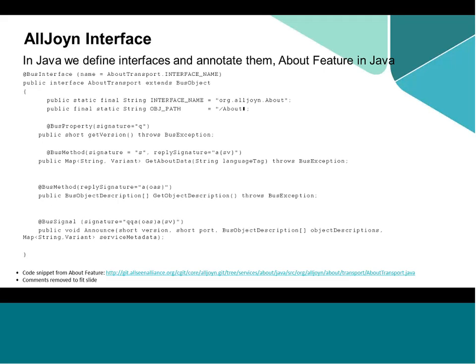And so again, we just use these annotations of a bus interface, and we say this is going to be org.alljoyn.About. Here's the bus property. This is going to be assigned here as a get version. So version is our variable name. That's our property name. We have the two bus methods, and we have the bus signal. And so regardless of the language, we have the ability to set up all these interactions on whatever language binding we choose.